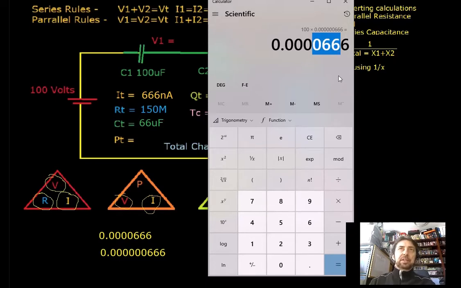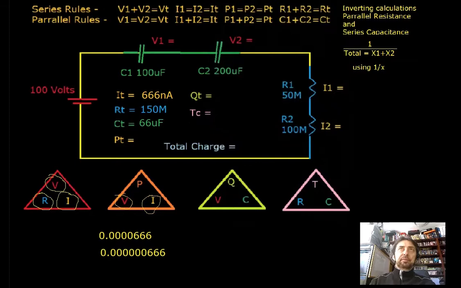So it's 66 microwatts. We can write that in now as well. So now we can circle off the amount of wattage.